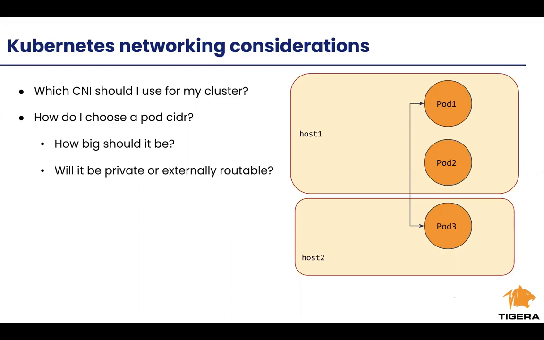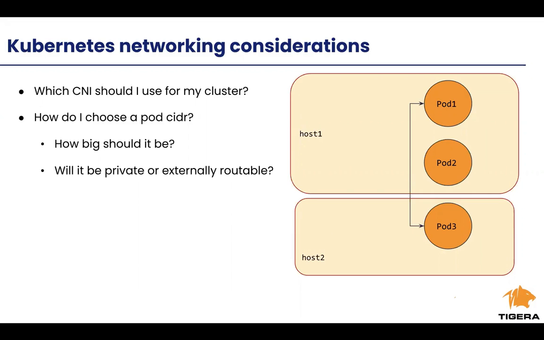Kubernetes is a flat network, and pods are meant to see each other from the IP addresses that are assigned to the pods without NAT. So pods are assigned an IP address, and they connect to each other via those IP addresses as your microservices communicate across the different nodes in your cluster.